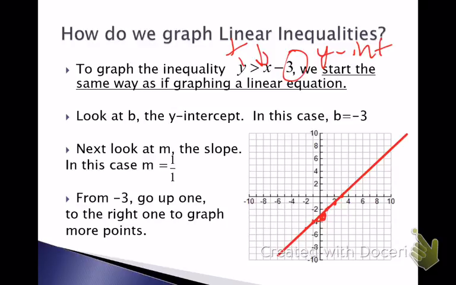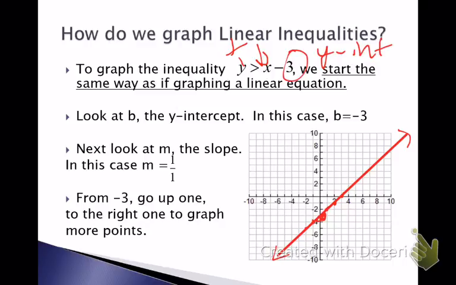Okay? Now, think back. Why are we graphing that line? For linear equations, why did we graph that line? It's because that line represents all of the solutions to that linear equation. So if I pick any point on that line, it should work in a linear equation.